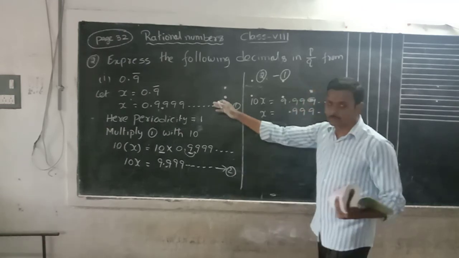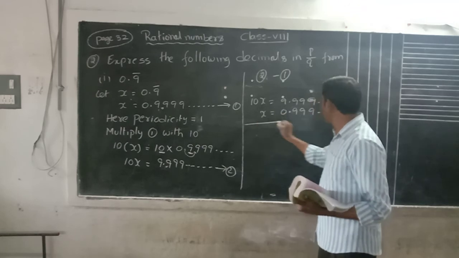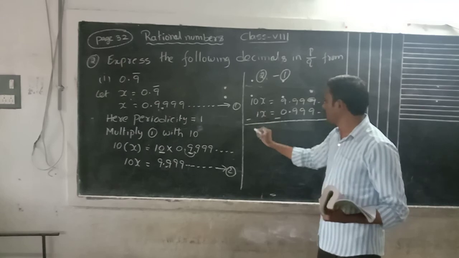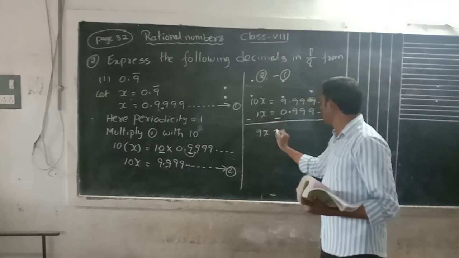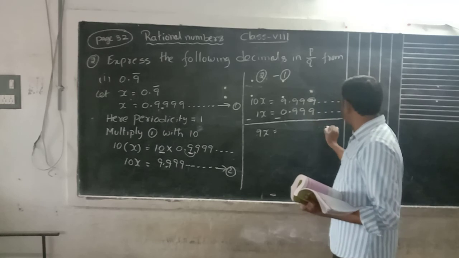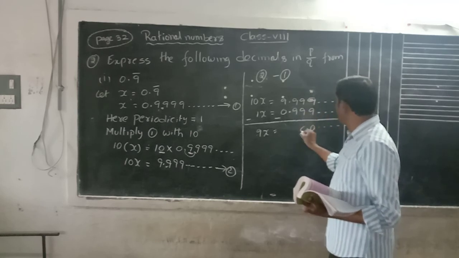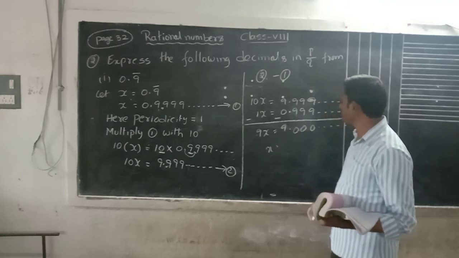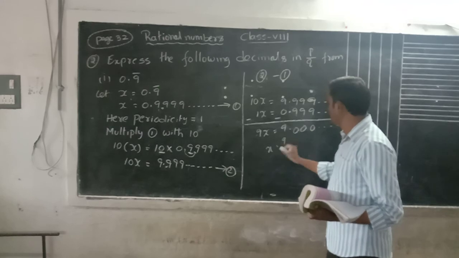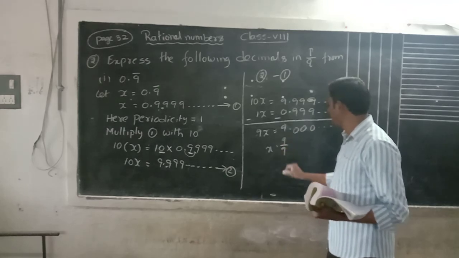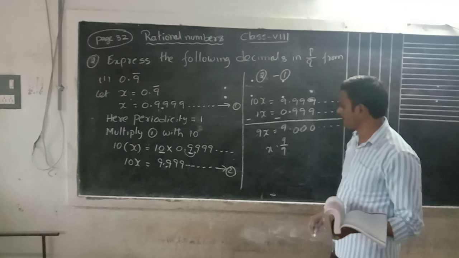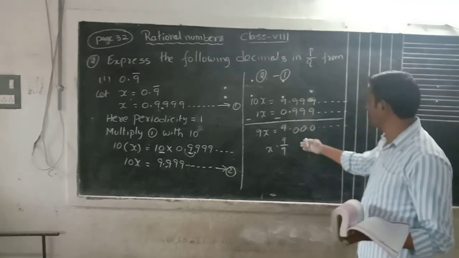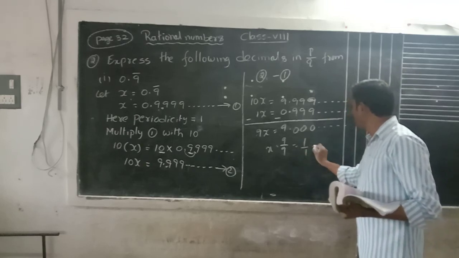Subtract: 10x minus x is 9x, and 9.999 minus 0.999 and so on gives 9, the decimals cancel. That means 9x equals 9, so x equals 9 by 9, which is 1 by 1, that is 1.